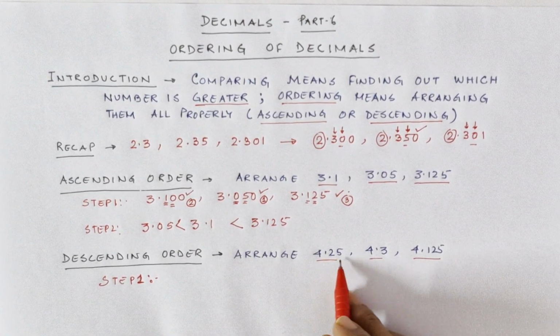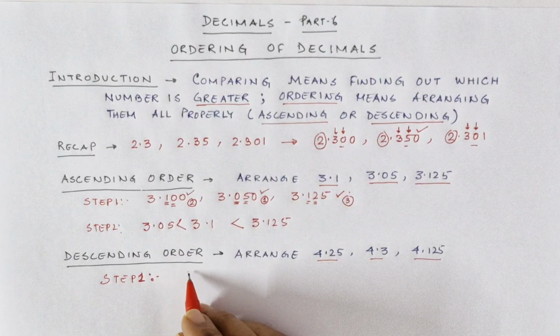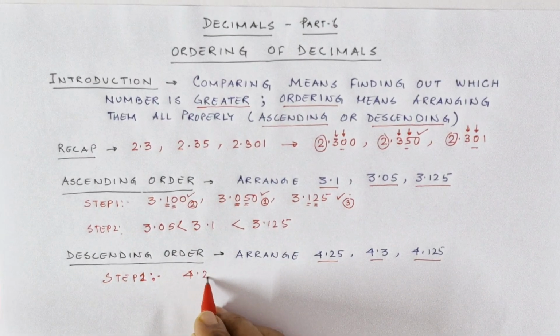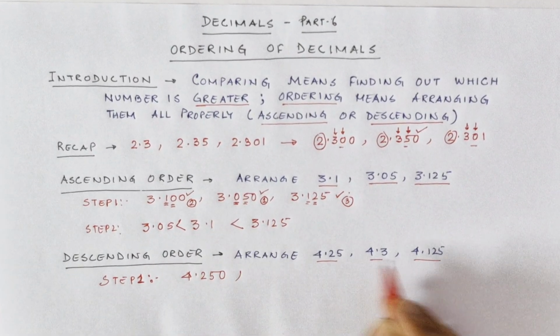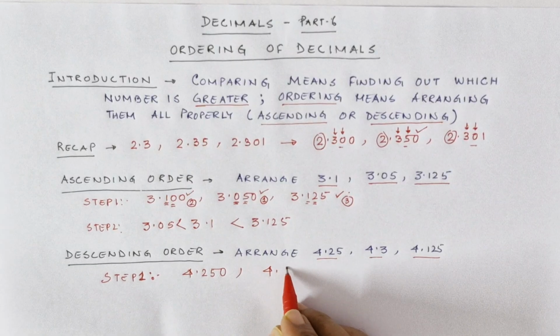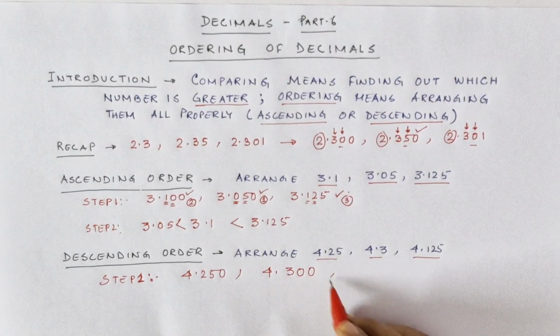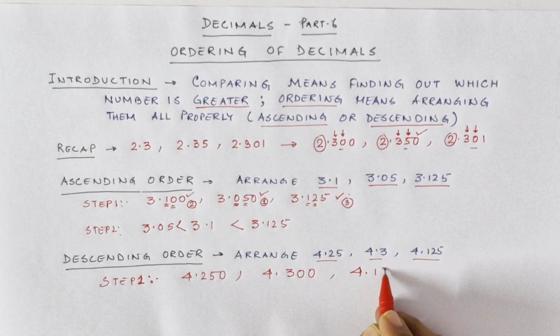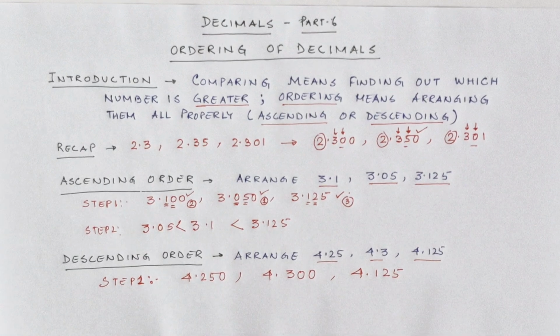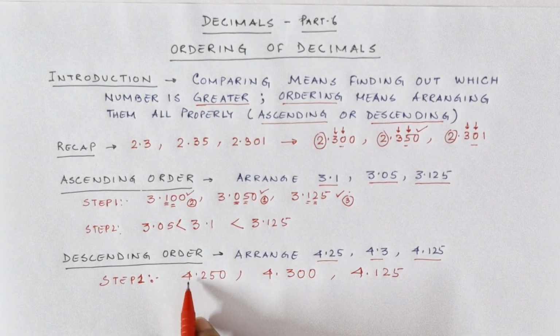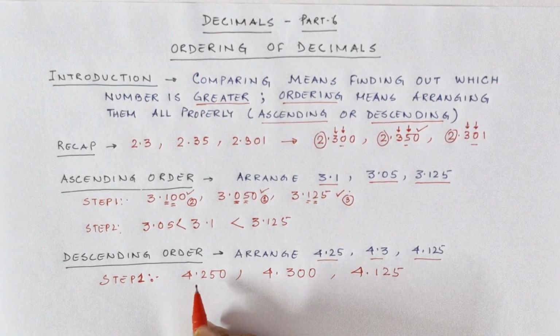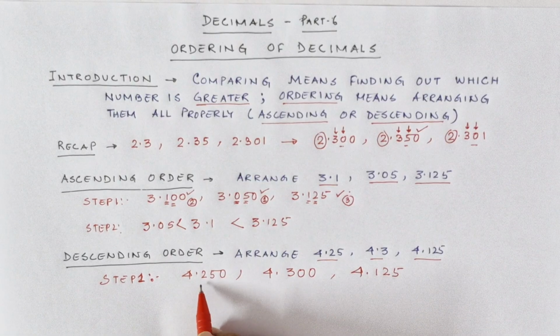After conversion of these 3 into like decimals, this becomes 4.250, this becomes 4.300, and this one remains as 4.125. Now compare. The whole number part is the same. Now start comparing from the 10th digits.